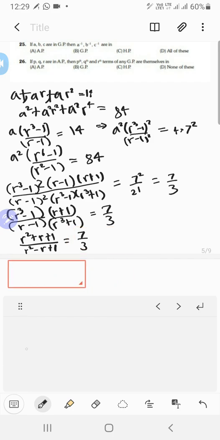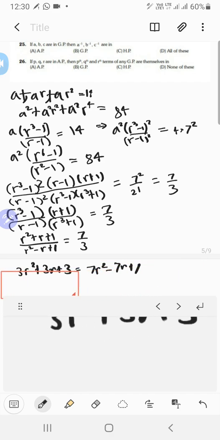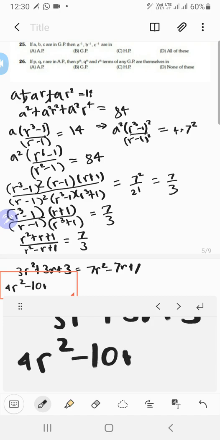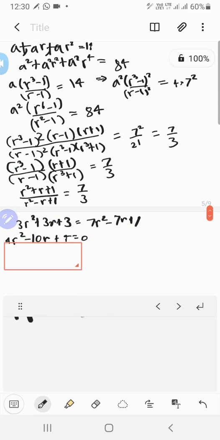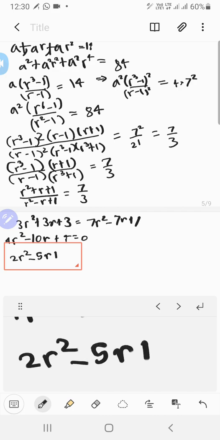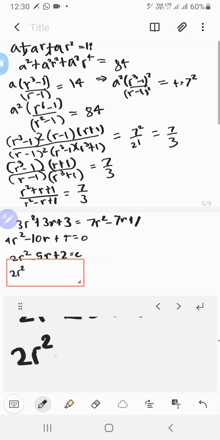So that means that 3r squared plus 3r plus 3 is equal to 7r squared minus 7r plus 7, which can be written as 4r squared minus 10r plus 4 is equal to 0. Dividing by 2, you get 2r squared minus 5r plus 2 is equal to 0, which means 2r squared minus 4r minus r plus 2 is equal to 0.